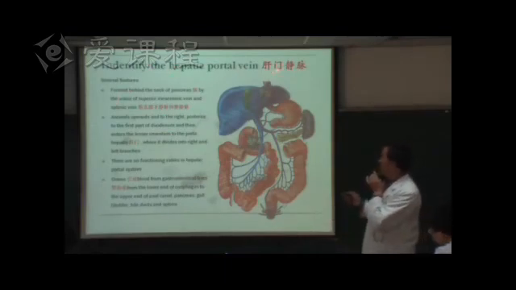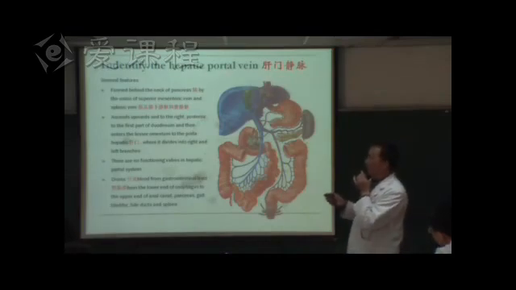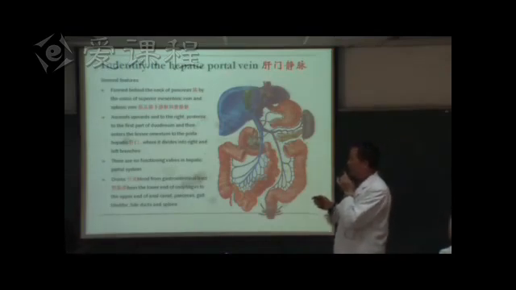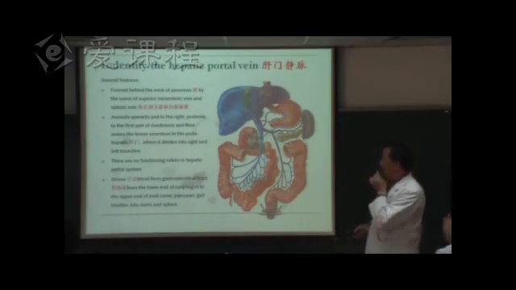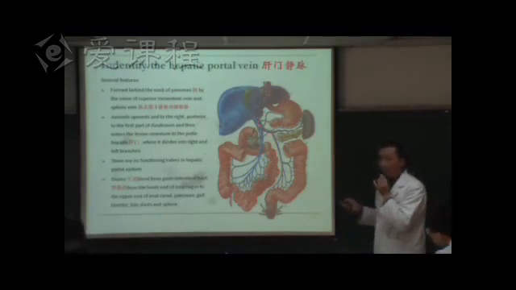Read this name: 肝门静脉, hepatic portal vein. Yes. Now you should know how the hepatic portal vein is formed.